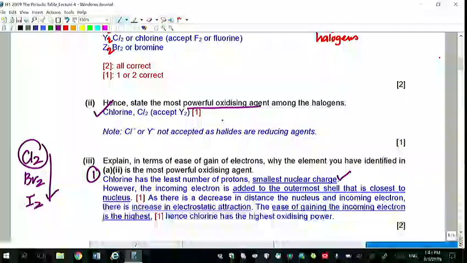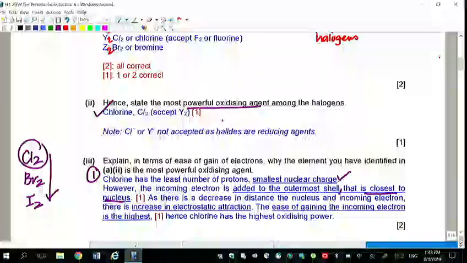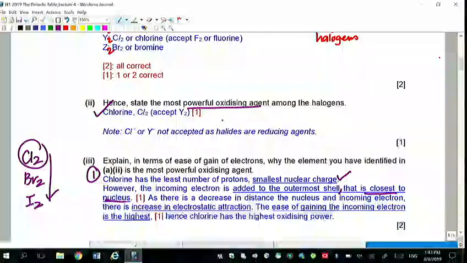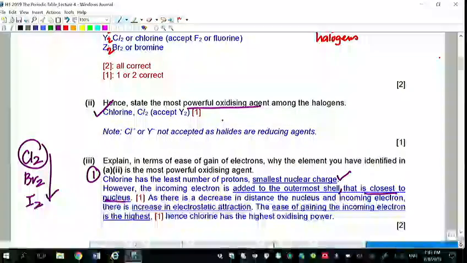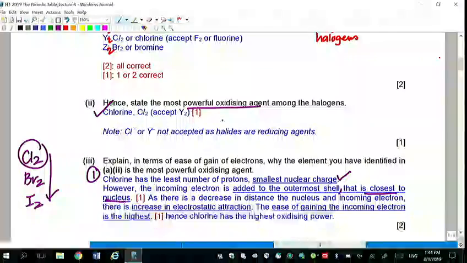By right, with the smallest nuclear charge, the attraction of the incoming electron should be the weakest. But I also need to consider that the incoming electron is added to the outermost shell, and this outermost shell in chlorine is actually the closest to the nucleus, as compared to bromine and iodine.